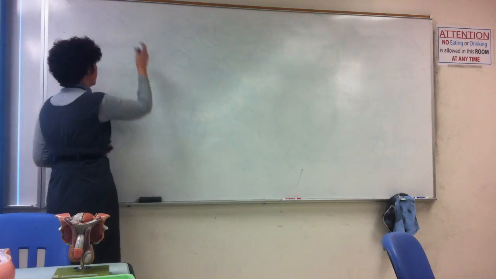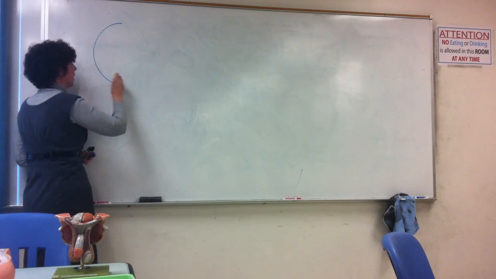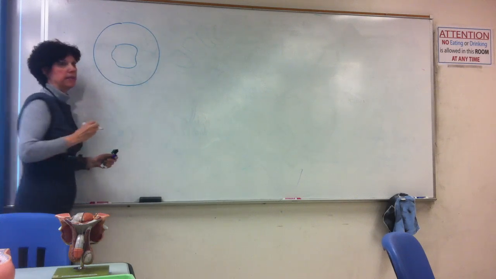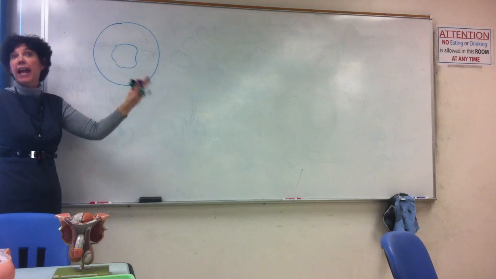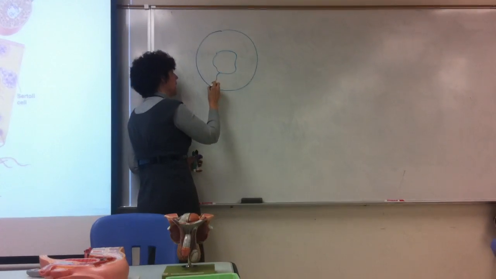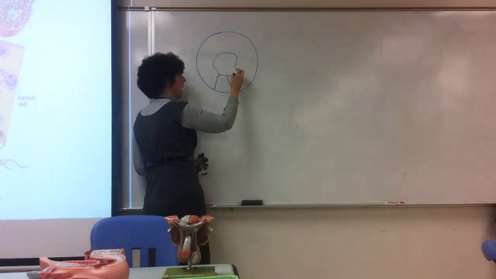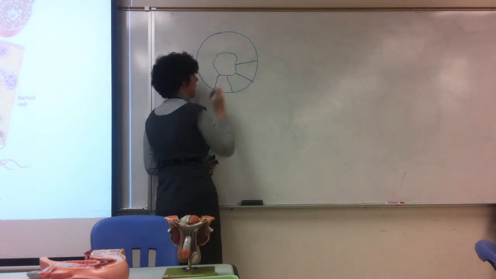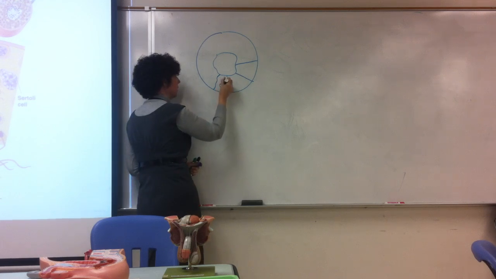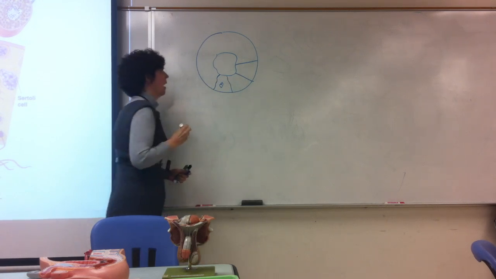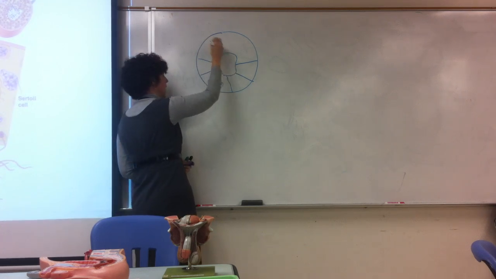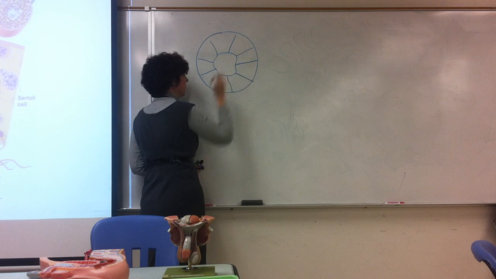So if this is a transverse section of one seminiferous tubule, and we leave out all the developing sperm cells, what we would see is a simple columnar epithelial cell, its nucleus, and these are the cells that form the epithelial lining of the seminiferous tubule.